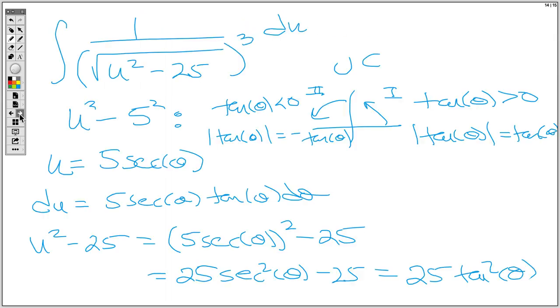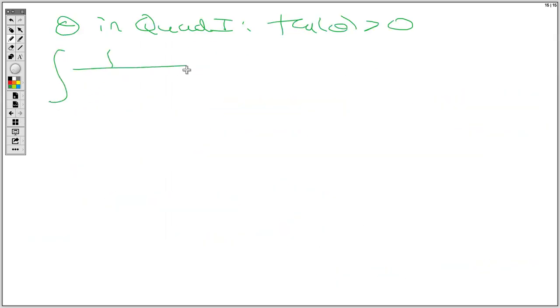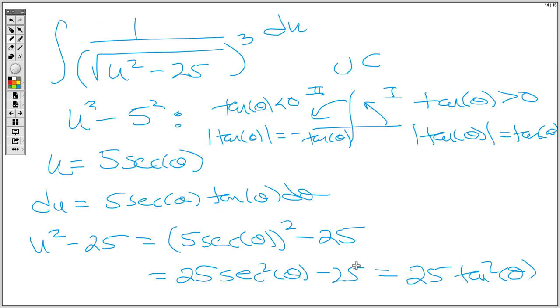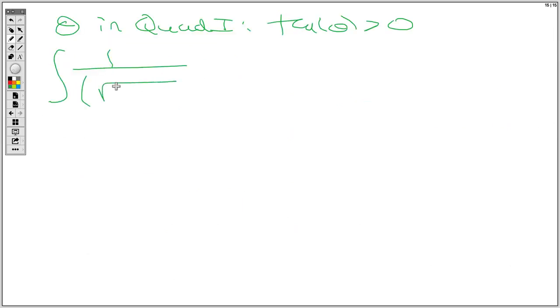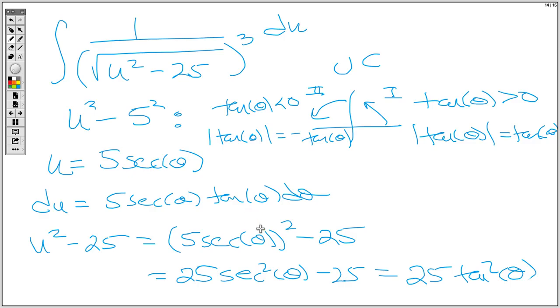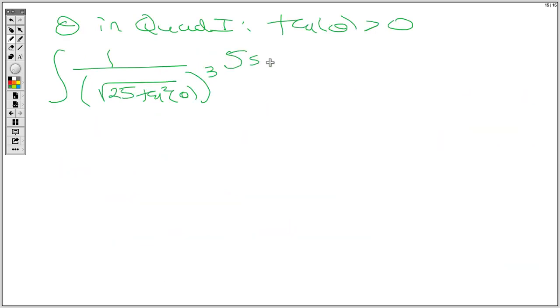So in quadrant 1, the integral of 1 over the square root of 25 tangent squared theta, cubed, times 5 secant of theta tangent of theta d theta.